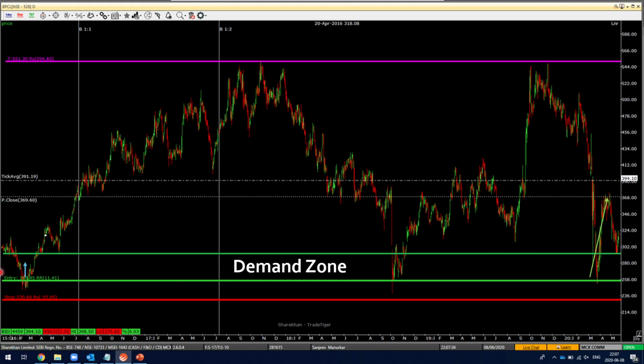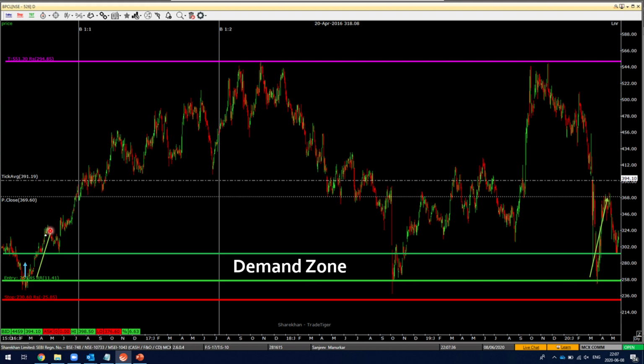The first one that you see here is this particular price point, where the stock fell to the bottom line of the demand zone. However, it did not hit the stop loss. So it fell, and then it recovered from these levels, and you see that it went up.